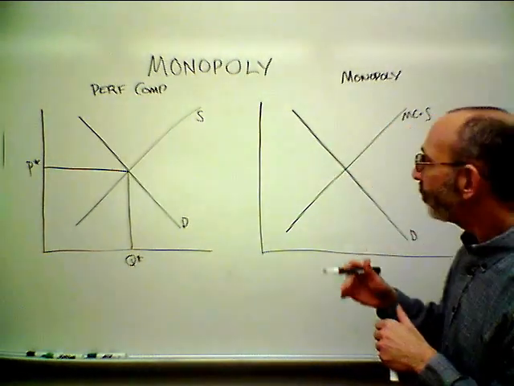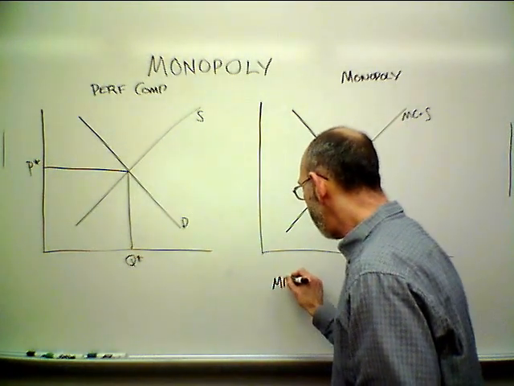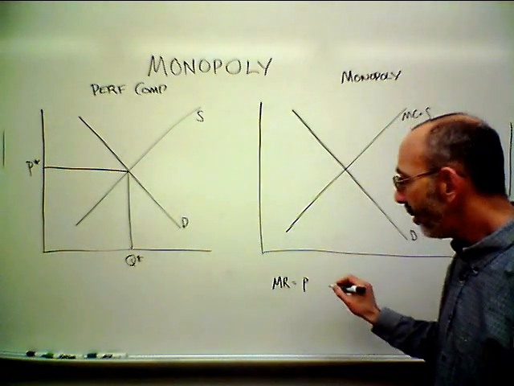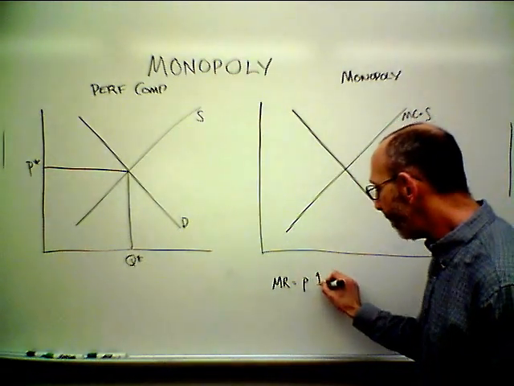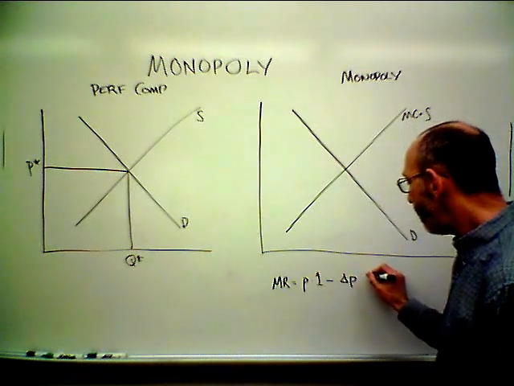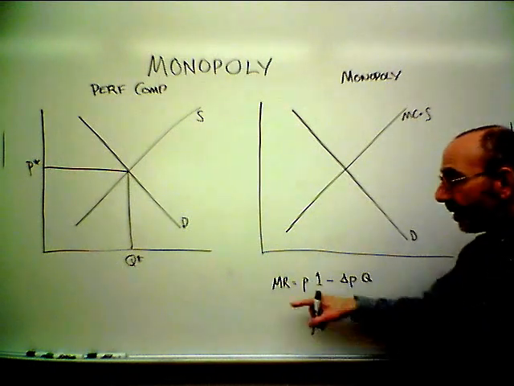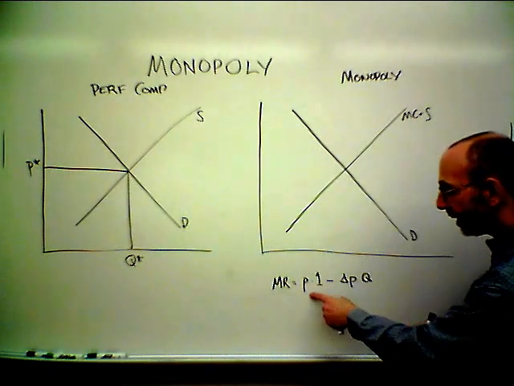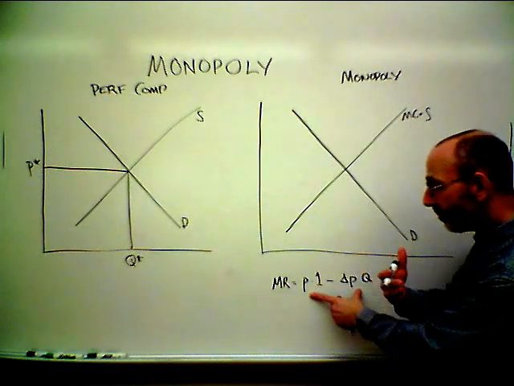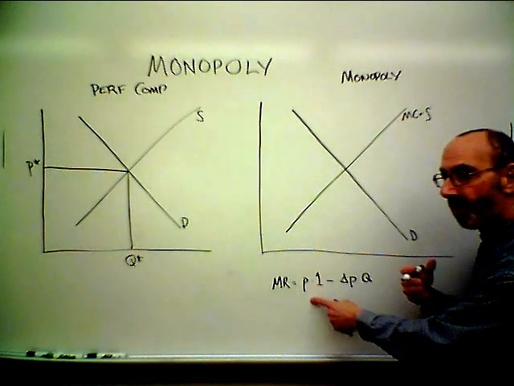Consequently, the marginal revenue for a monopolist has to be what? The price of the new unit, imagine that's one unit, minus the change in price on all the other units that it had been selling. Consequently, the marginal revenue will be the price minus something, which means that marginal revenue must be less than price.